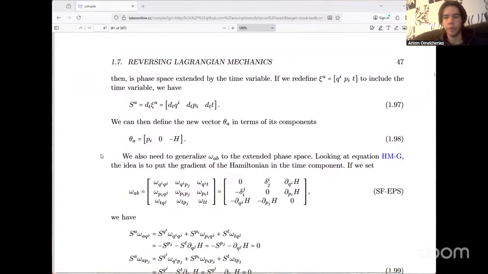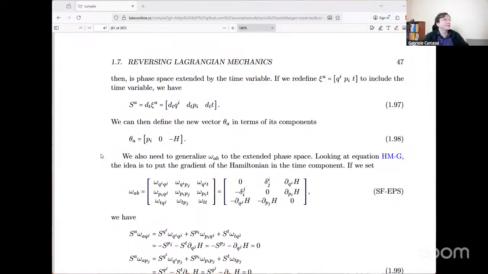If we redefine ψ_i to include the time variable, we have now this displacement field. We can then define the new vector θ_A in terms of its components.